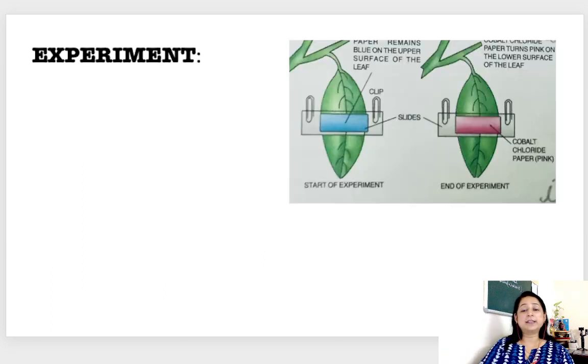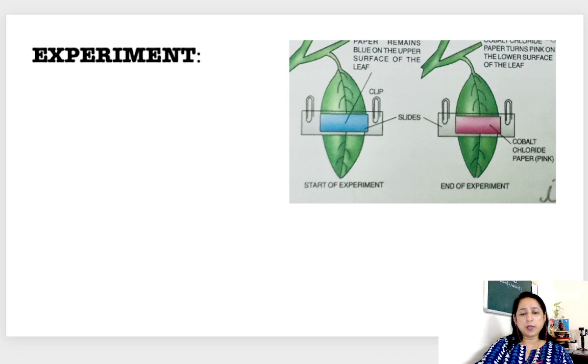Our next experiment is where we are using a cobalt chloride paper just to confirm on which side of the leaf the number of stomata is more, the lower or the upper surface. इसको हम normal experiment के लिए भी we can use.